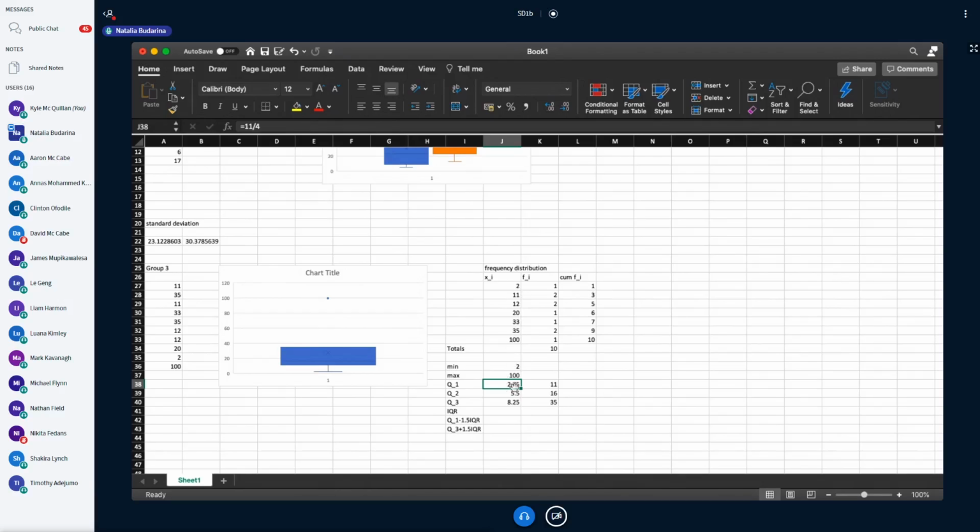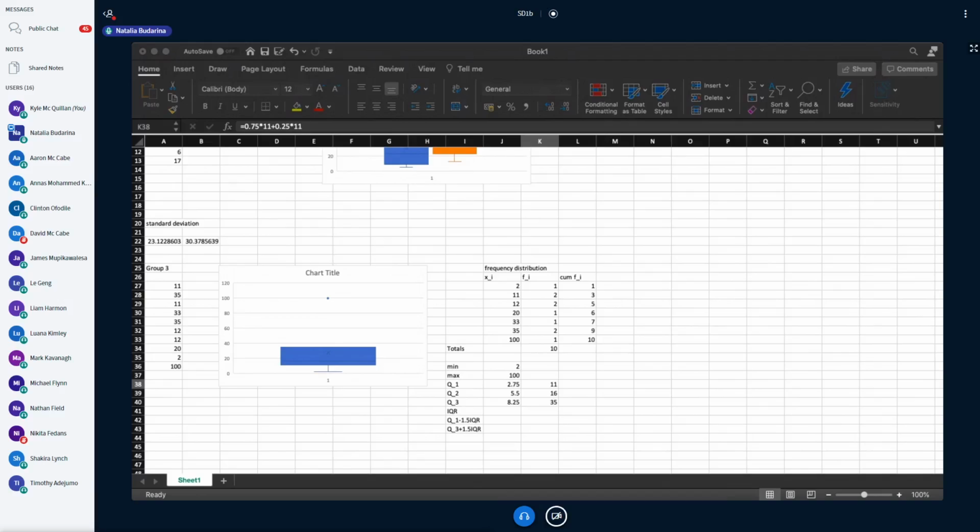So to find x 2.75, we again use the weighted formula. 2.75 is close to 3, so I will take 75% of x3 and 25% of x2. And my x2 and x3 are both equal to 11 in the row with cumulative 3. This is how you find the 11 here.